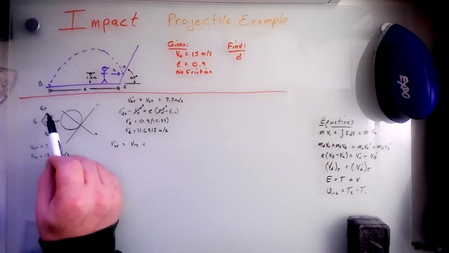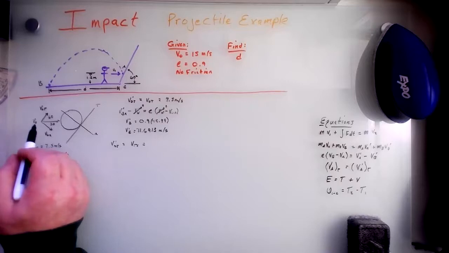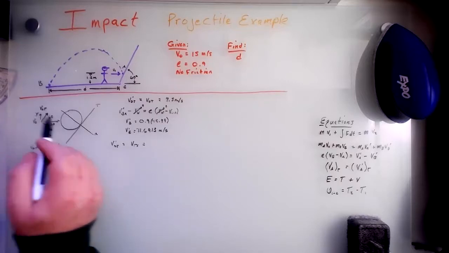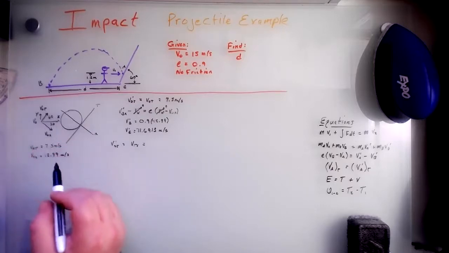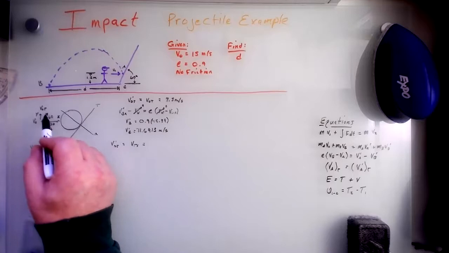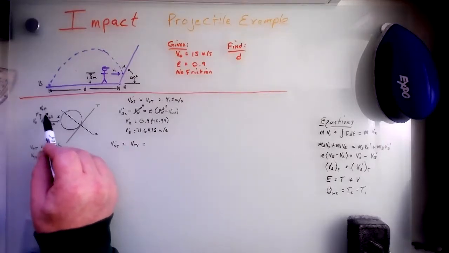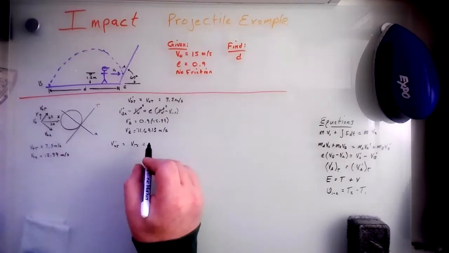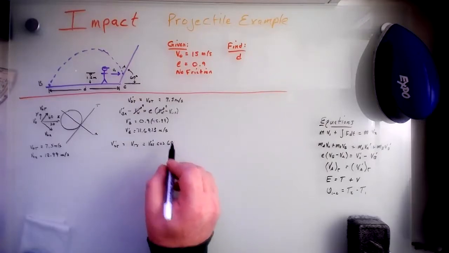So V naught has, let's see, this is Y, this is X. If we're going from V naught T to X, then it is V naught T cosine 60.